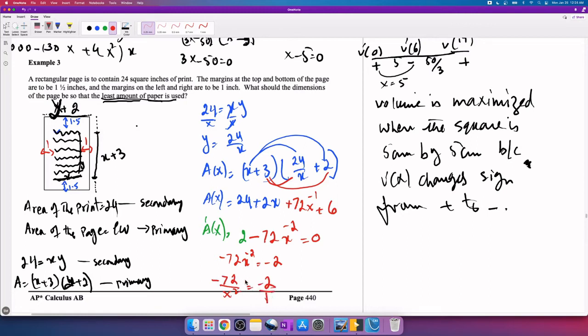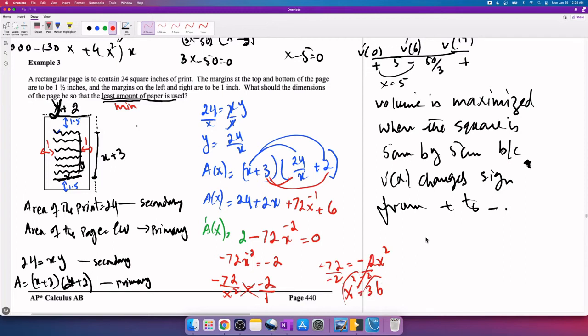Now cross multiply. So I'm getting negative 72 equals negative 2x squared. Divide negative 2 on both sides, and I'm going to get x squared equals, negatives cancel out, 36. Negative 72 over negative 2 is 36.